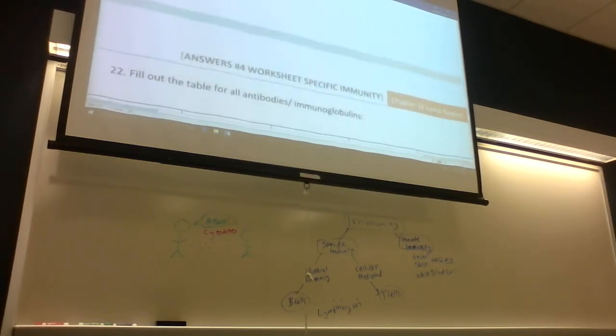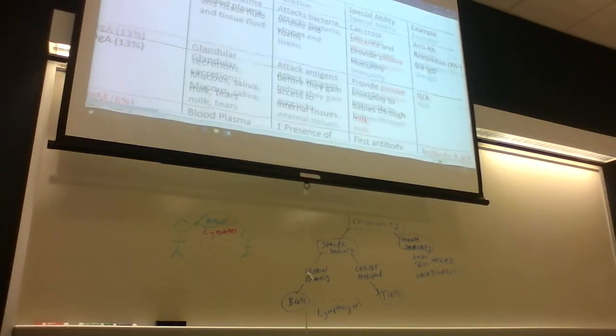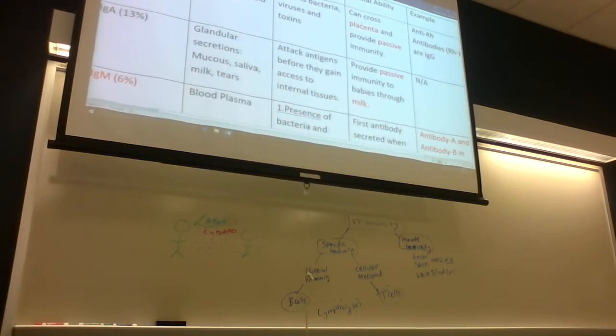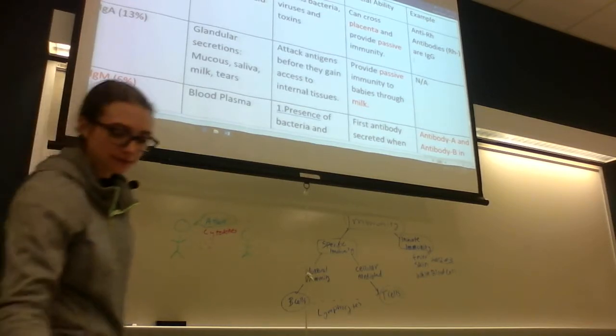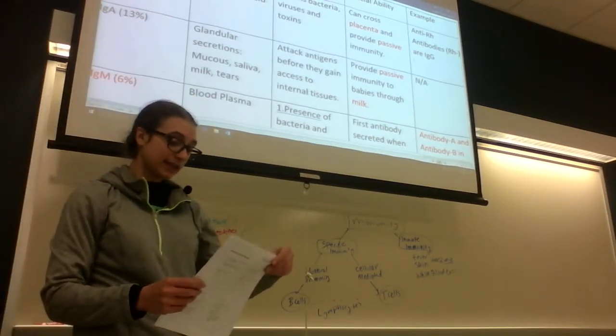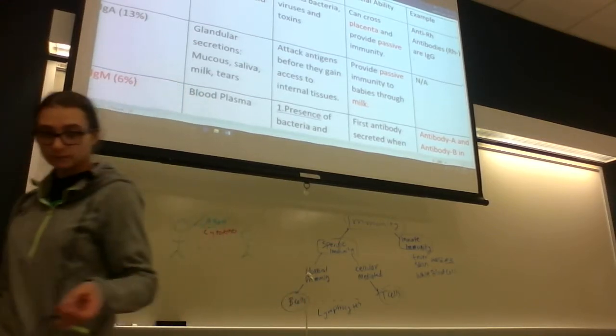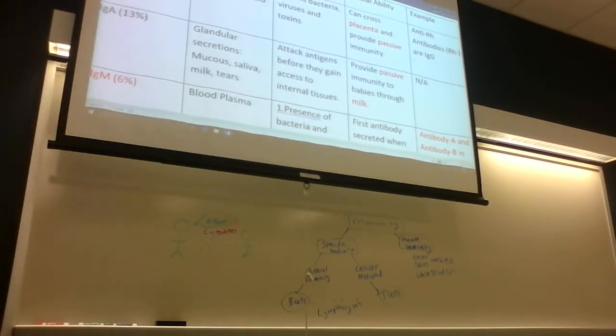So you read that. This is a table of antibodies and also immunoglobulins. Like I said, it means the same thing, just spelled two different ways. What I put for you guys to fill out, I believe, is the keywords or the important things, and that's what I put in red up here. So your IgG, you can find this in your blood plasma, your tissue fluid.